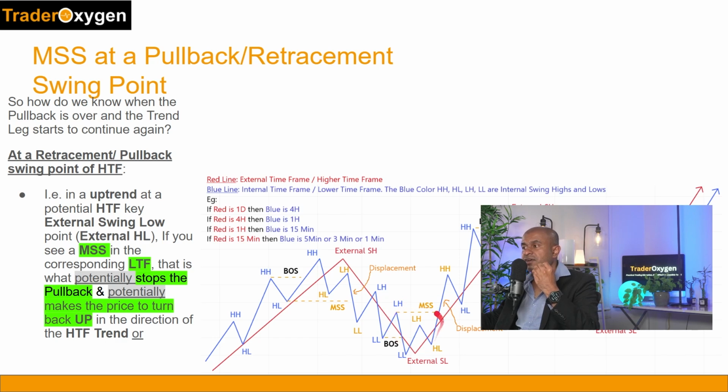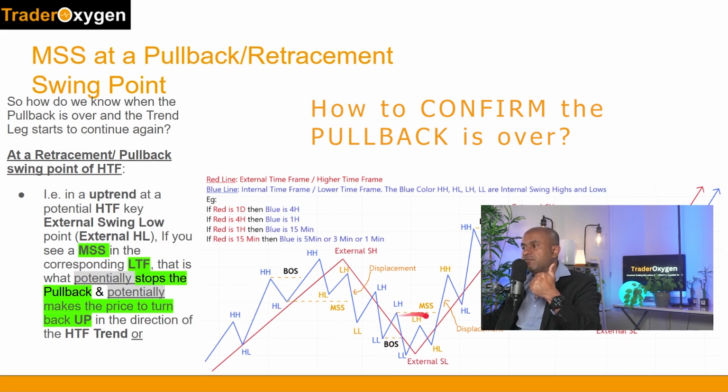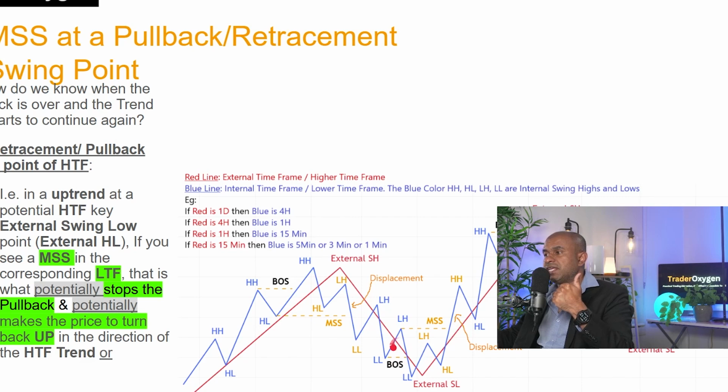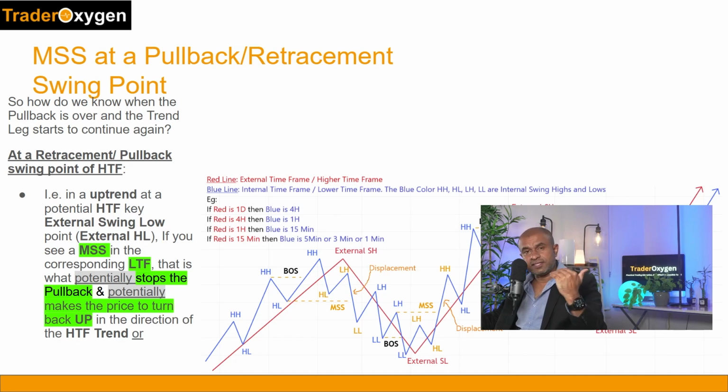The answer is we confirm that the pullback is over when we see a market structure shift in the lower time frame. So if this is your daily, the red color one, then if you go to the 4-hour and you see the market structure shift happening during the pullback, that is what potentially confirms the pullback is over. So after that, you can start buying in these locations. Okay, let's see what's next.